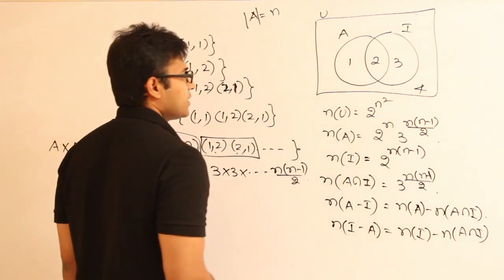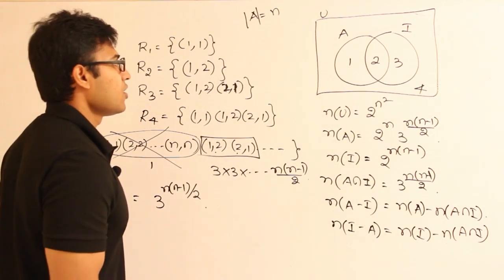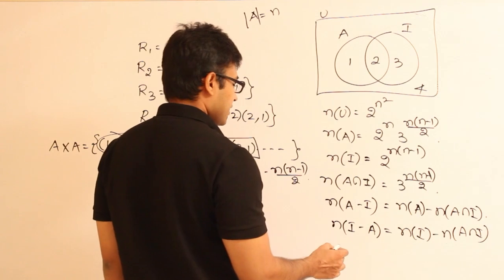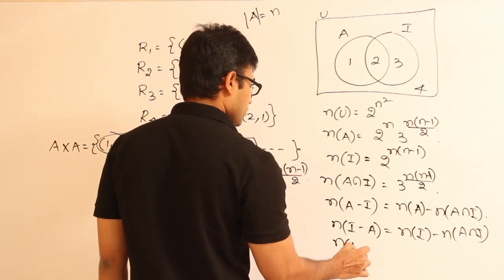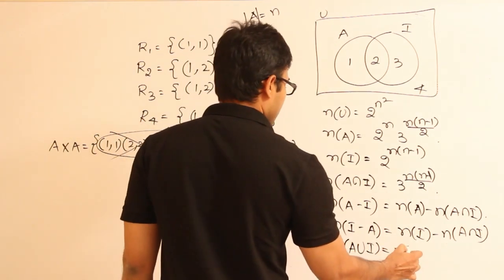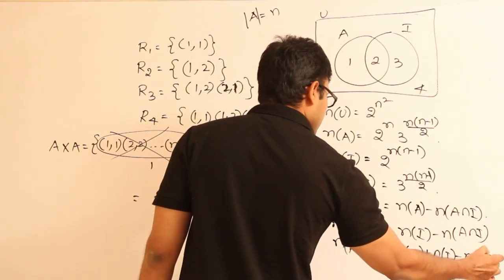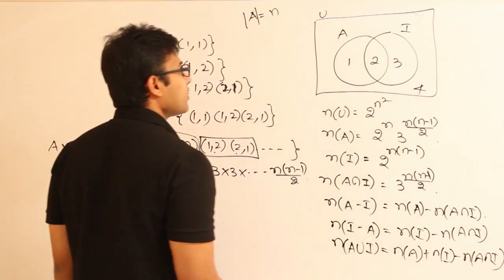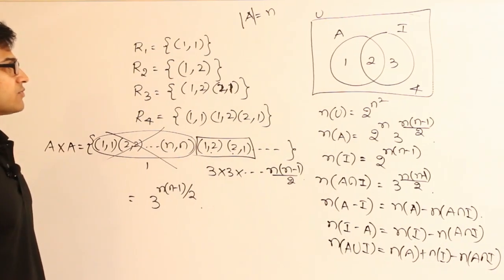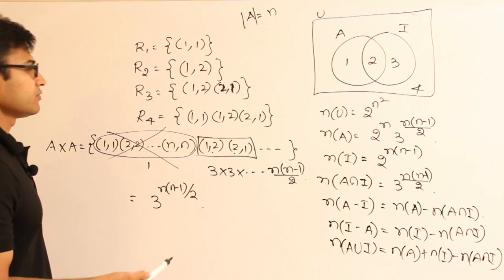Or we can find out the relations which are either A or I, which means which are either anti-symmetric or irreflexive. So A union I is going to be n of A plus n of I minus n of A intersection I. Or what is the number of relations which are neither anti-symmetric nor irreflexive?